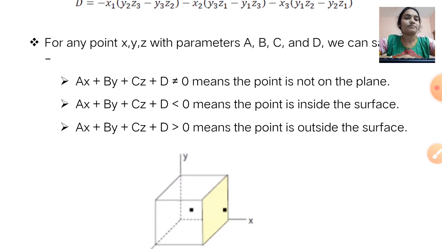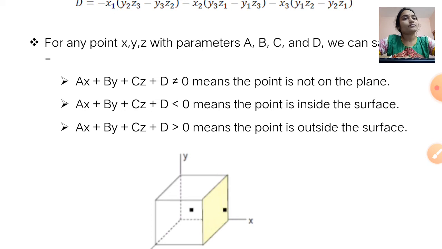And ax plus by plus cz plus d less than 0 means the point is inside the surface. And ax plus by plus cz plus d greater than 0 means the point is outside the surface.